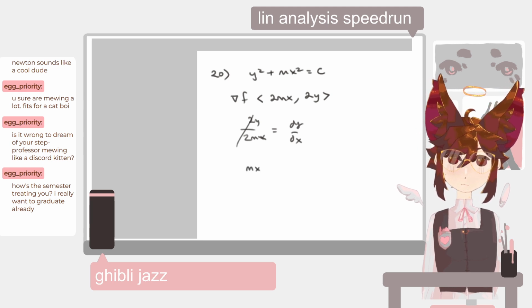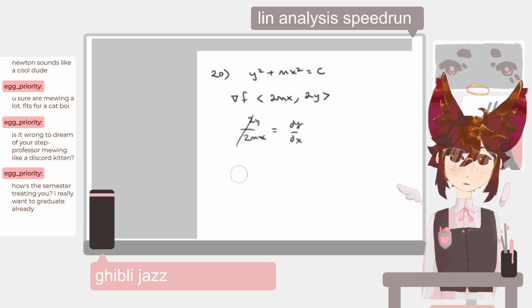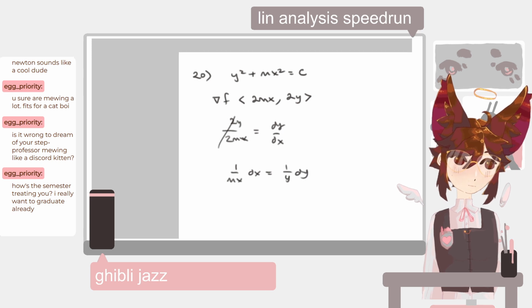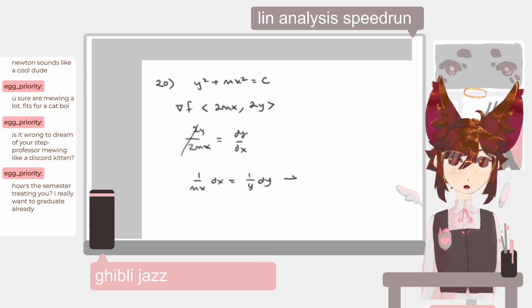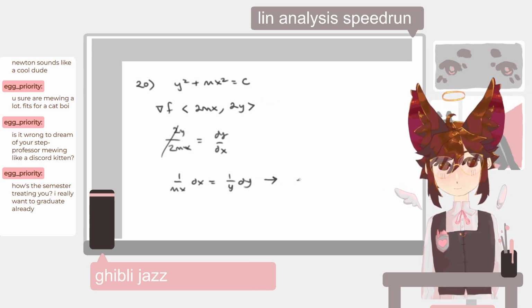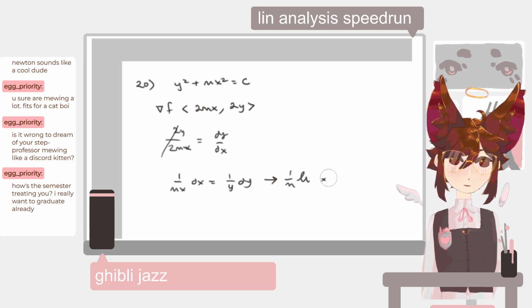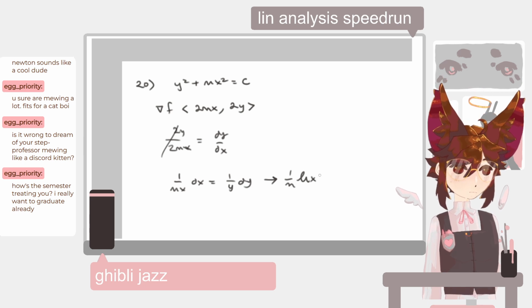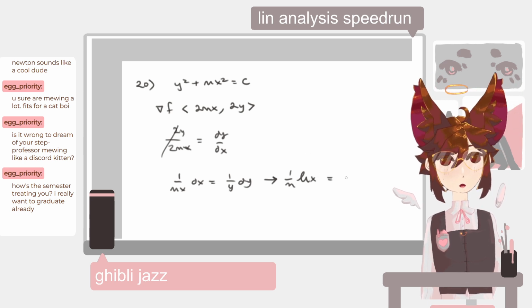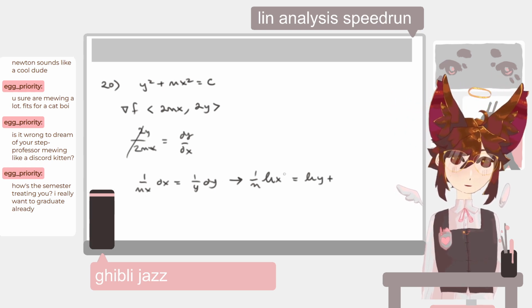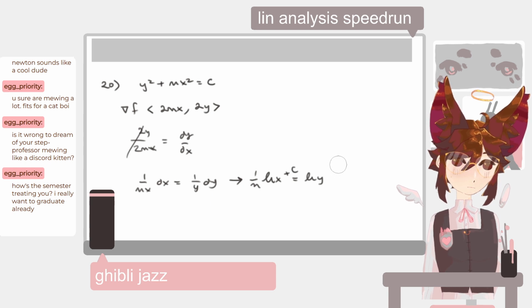And 1 over mx dx equals 1 over y dy. And we'll get ln of mx, 1 over m. Just do that instead. And then equals ln of y plus c. We'll put it on the x side because might as well solve it explicitly.